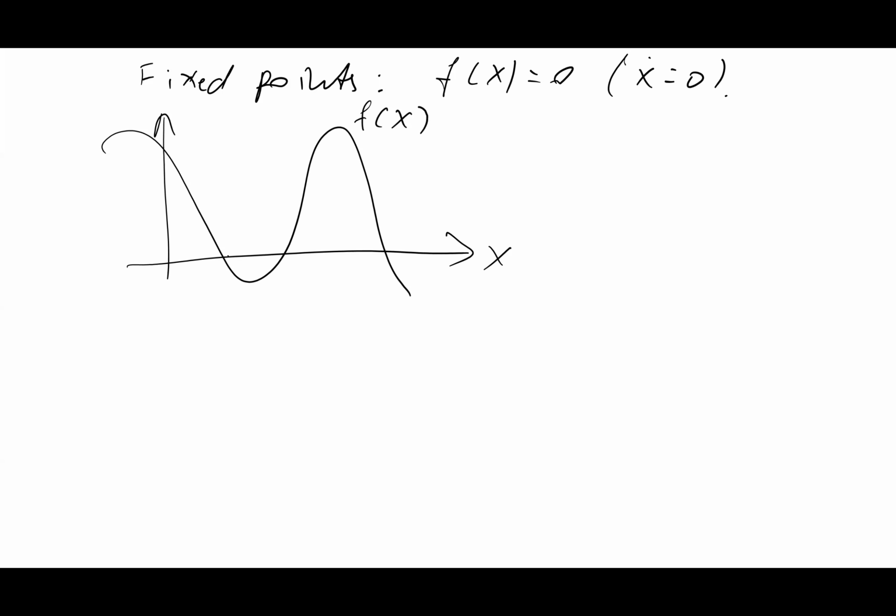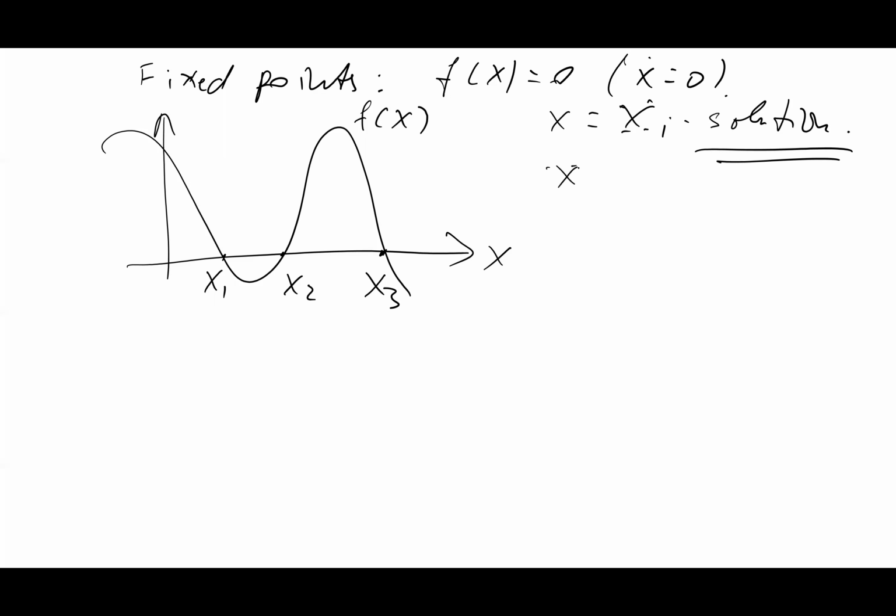Then we have fixed points here, x1, this is x2, this is x3, so 3 fixed points. Now the next point is, each x equal to x capital I is a solution, by the way. And it can't be crossed by any other solution.